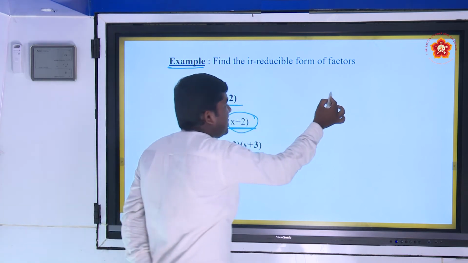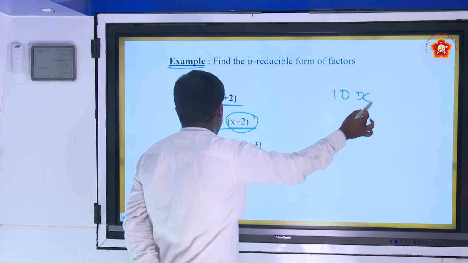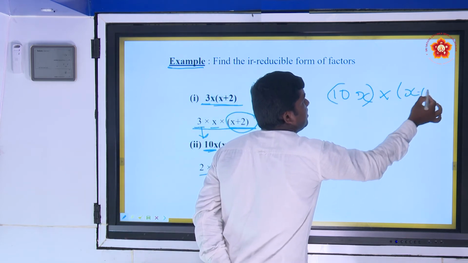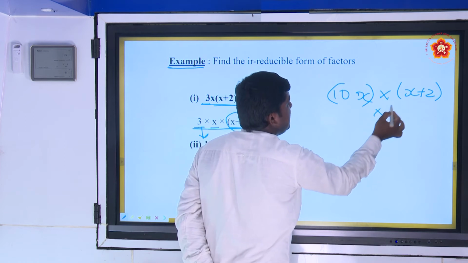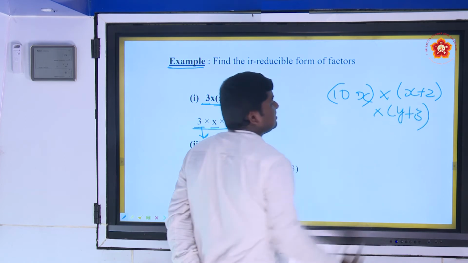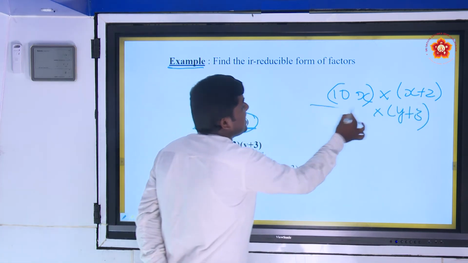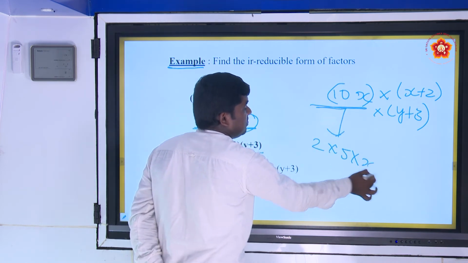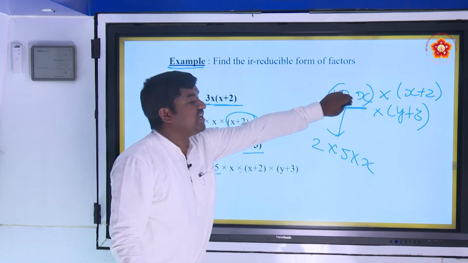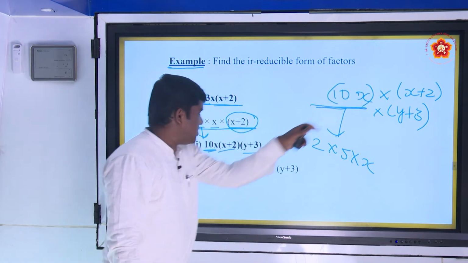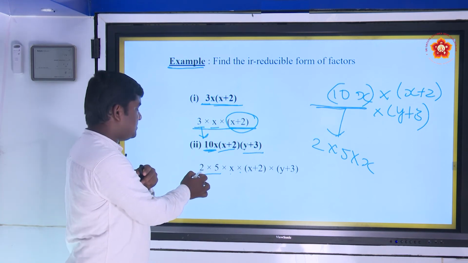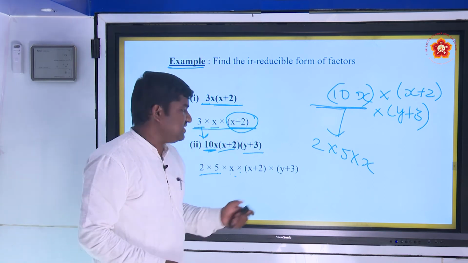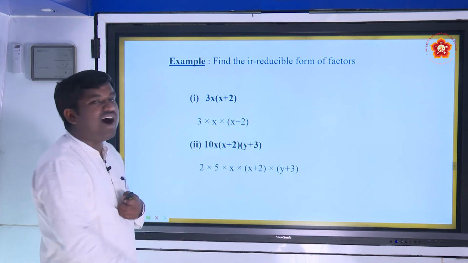Suppose we write 10x into x plus 2 into y plus 3 like this. This 10x can further be expressed as 2 into 5 into x, so this is not an irreducible form. That's why we write it as 2 into 5 into x into x plus 2 into y plus 3. This is the irreducible form.